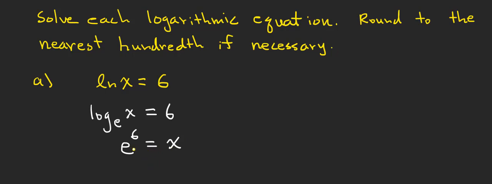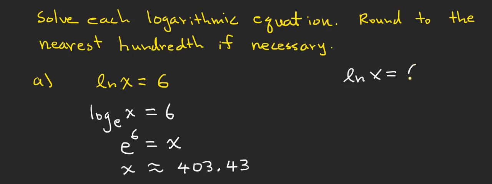If you want to evaluate what e to the 6th power is, you have to use your calculator. And it turns out x is approximately 403.43. Again, you might want to confirm it with your calculator. Now, what is the other way of doing it? Let's say you've got natural log of x equals 6. Remember, natural log of x is the inverse of e to the x.